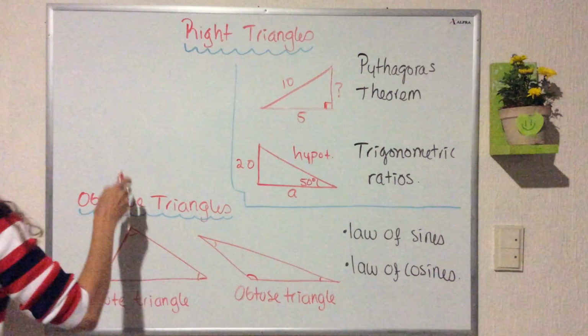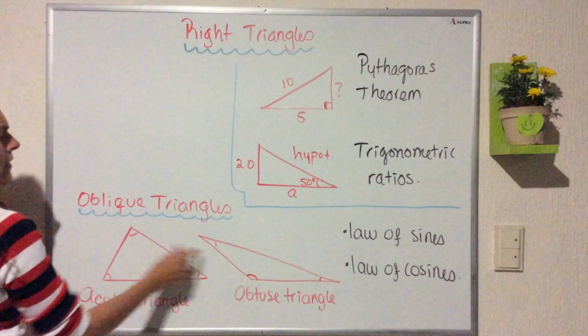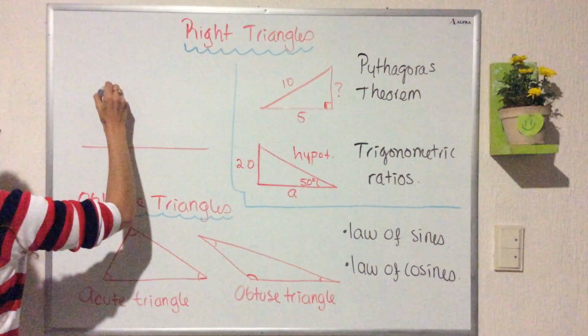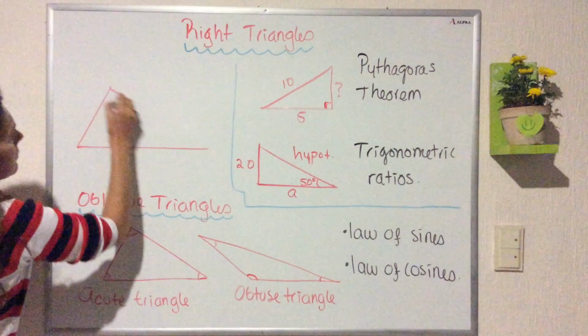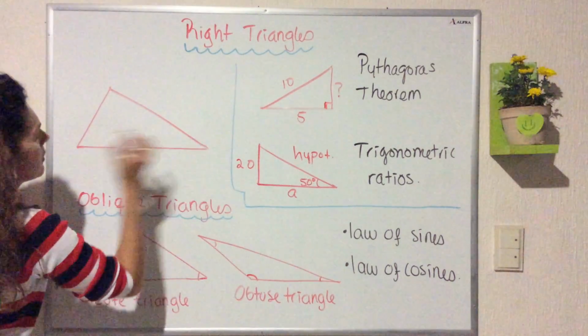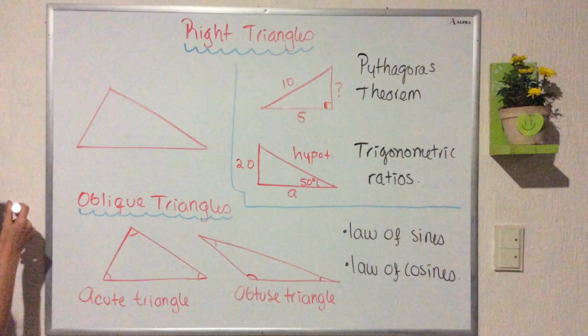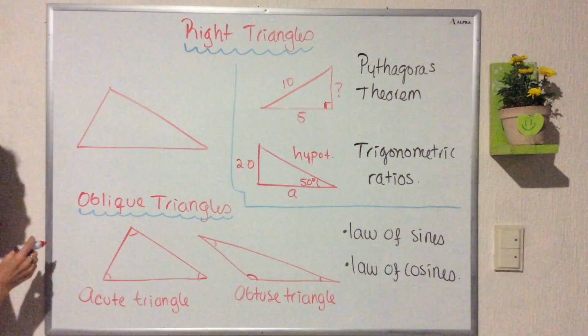So when we have a triangle, any triangle like these two, for example this one, you can name the angles with capital letters, okay?